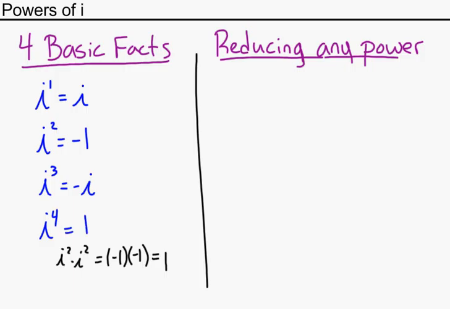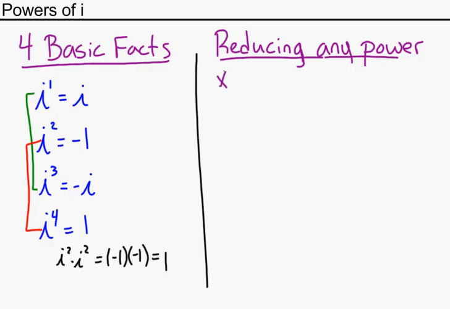Notice how everything reduces down to either plus or minus 1 or plus or minus i. Specifically, consider the fact that for my odd powers, I have an imaginary left in my problem. And for the even powers, when I reduce, it goes down to plus or minus 1, a purely real number. So these four here are going to form the four categories that any other power is going to reduce down into.